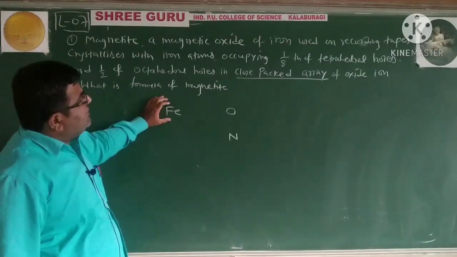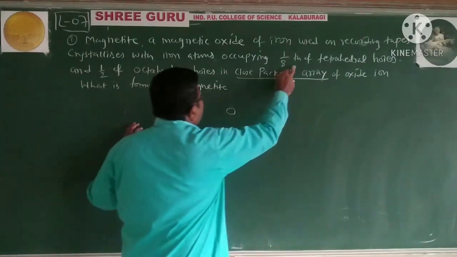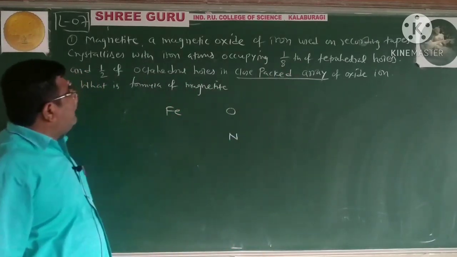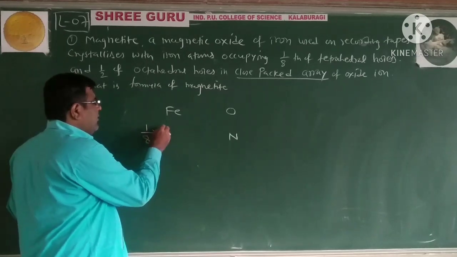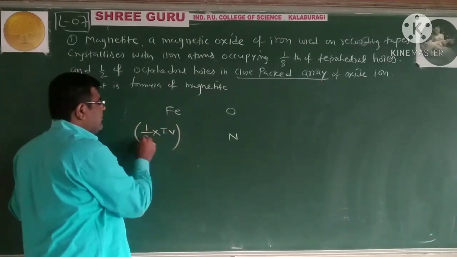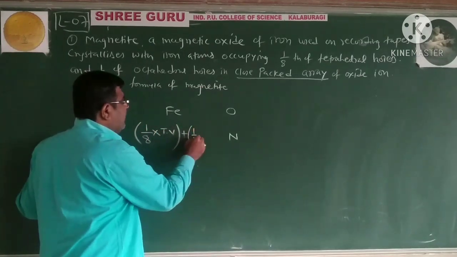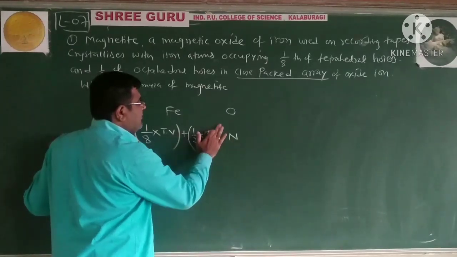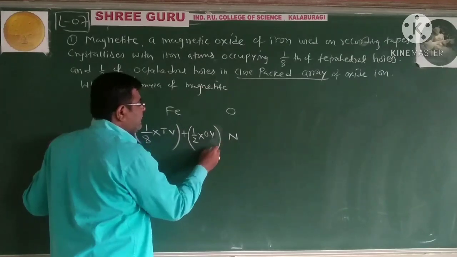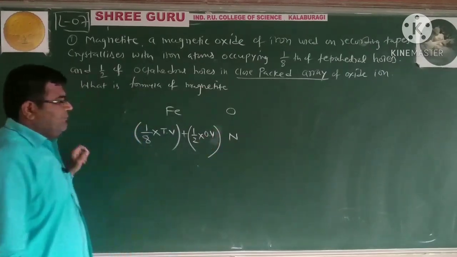Iron is present in 1/8 of tetrahedral voids and half of octahedral voids. This is the composition of iron.